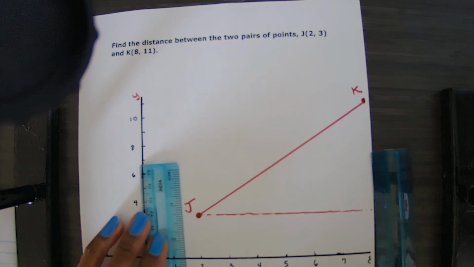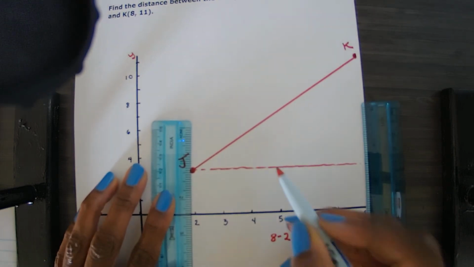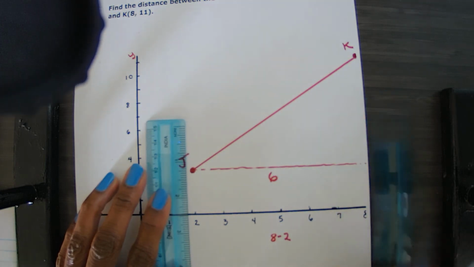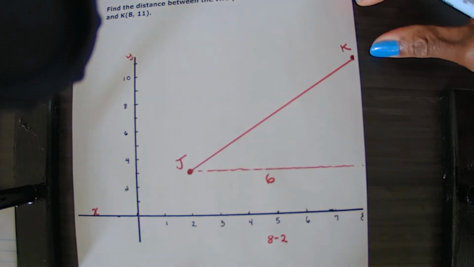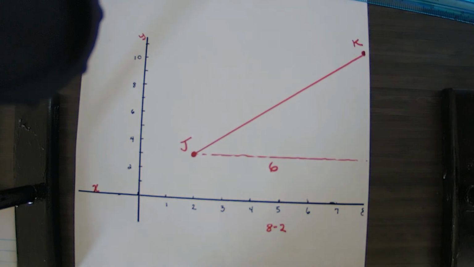Let's see what that distance is. On this one, we have 8 minus 2, which gives us 6. And on this one, we have 11 minus 3, which gives us 8.